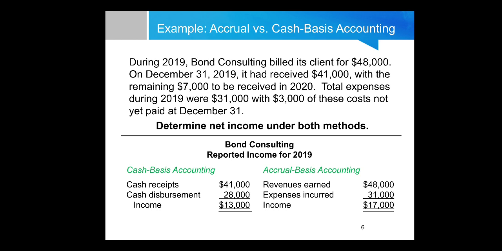But if you use accrual basis accounting to calculate profit, revenues equal services that have been provided, or things that have been sold, or things that happened during the year.